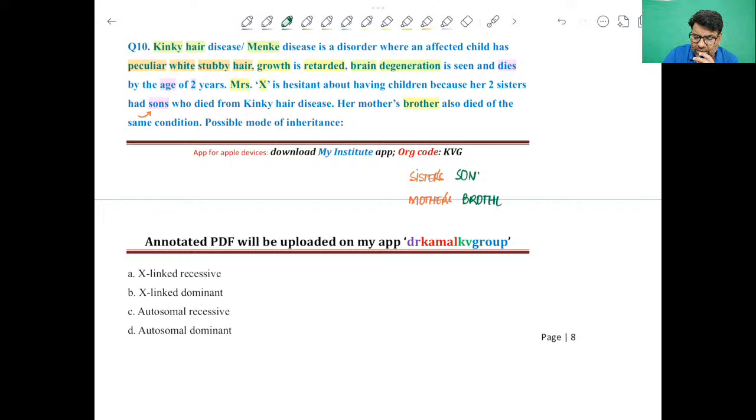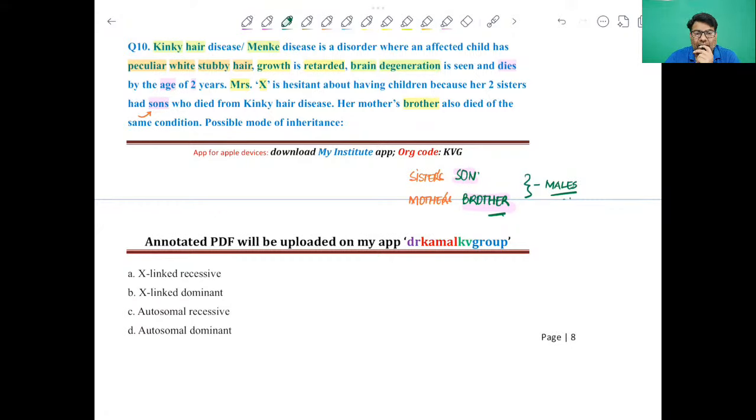So what we can see here is that the condition is affecting only either sons or a brother. So it means it is affecting only males. So one point which we can take out from the whole history is that the condition is affecting only males.